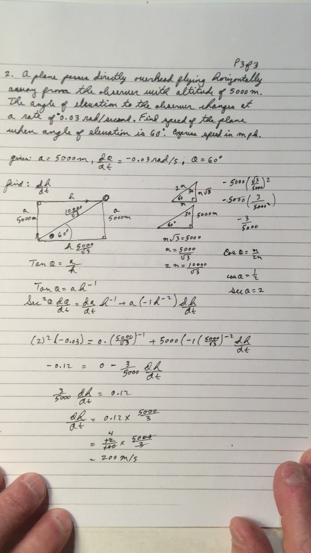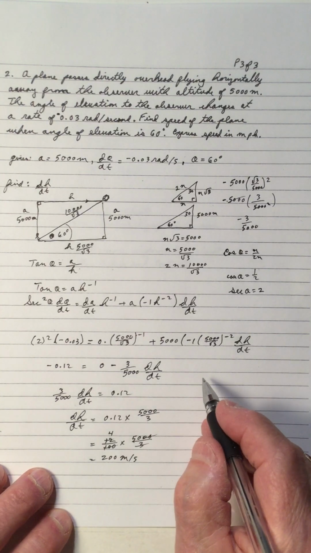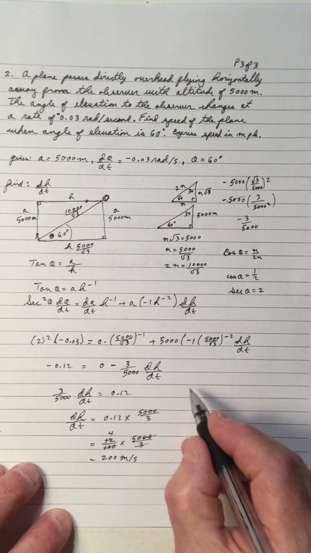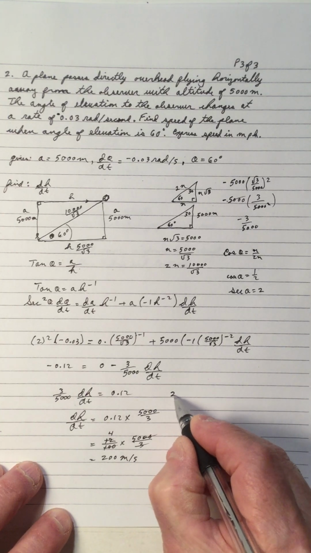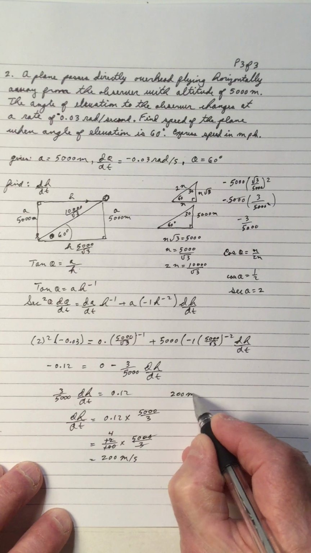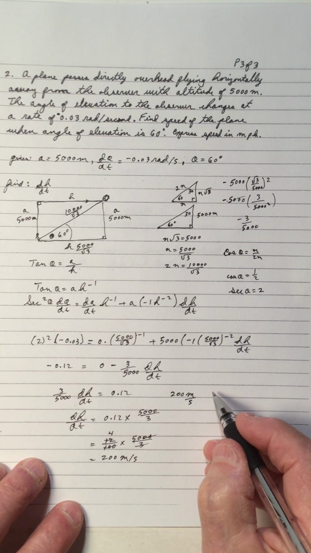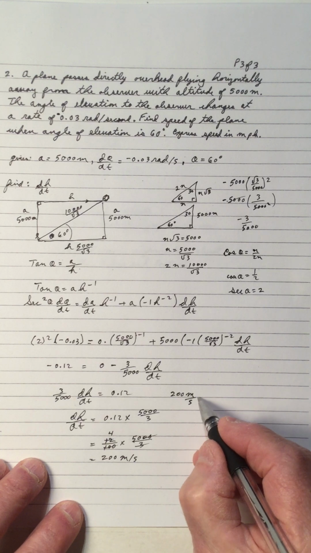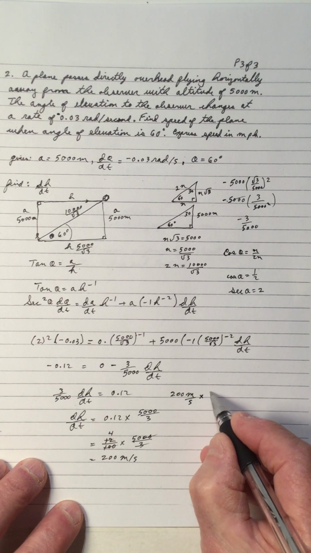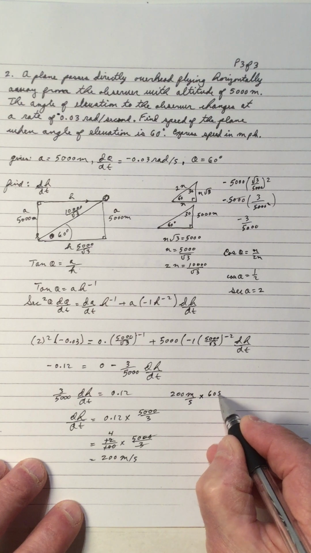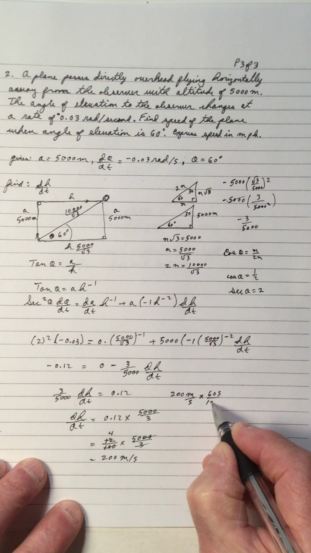But normally we don't have the speed like that. So let's change 200 meters per second to kilometers per hour. So I have seconds on the bottom, so I'll go with 60 seconds to 1 minute.